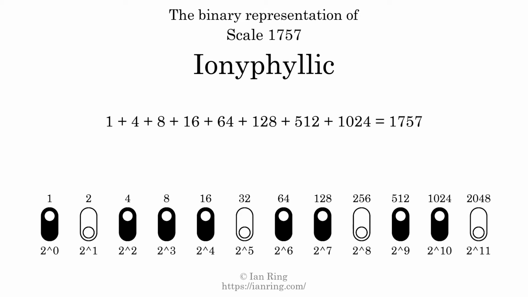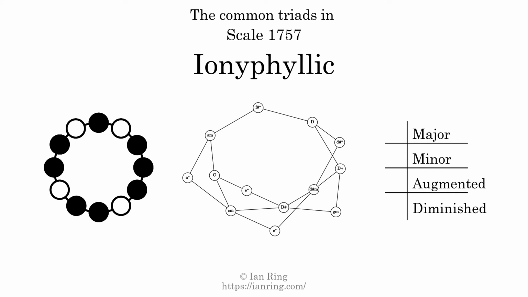That is why the scale number, in decimal, is 1757. The scale number not only enumerates the scale with a unique index, but it also literally describes the tonal content of the scale. Represented as a binary number in base 2, the scale number is 01101101101.